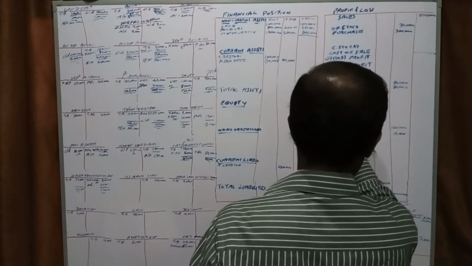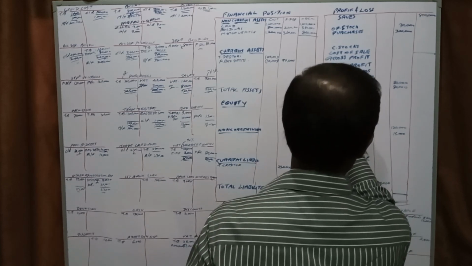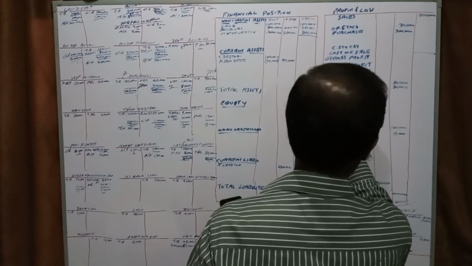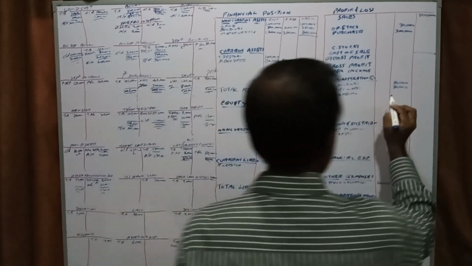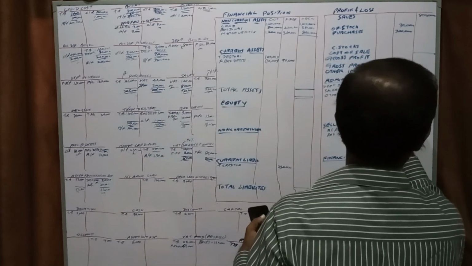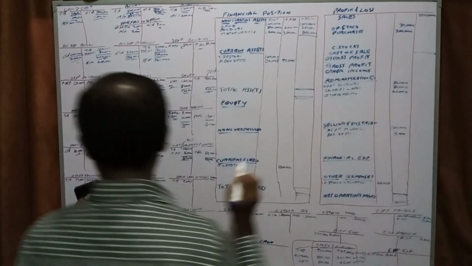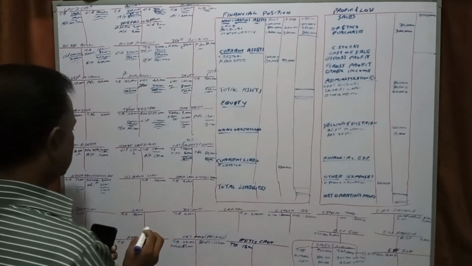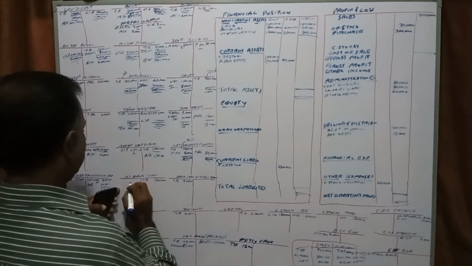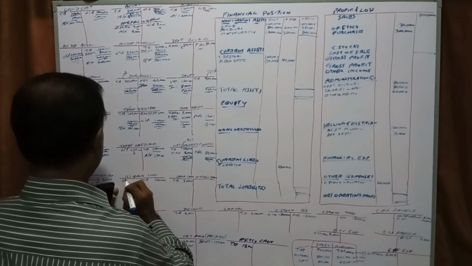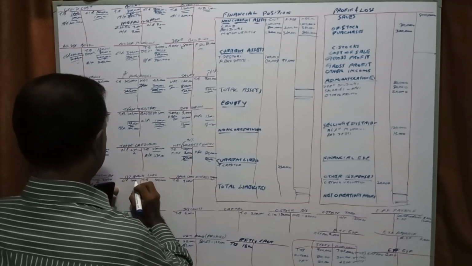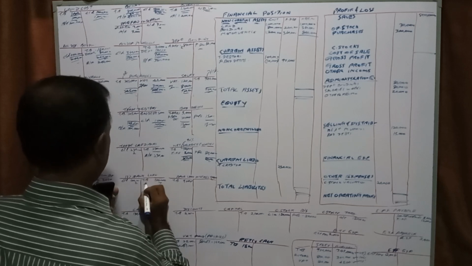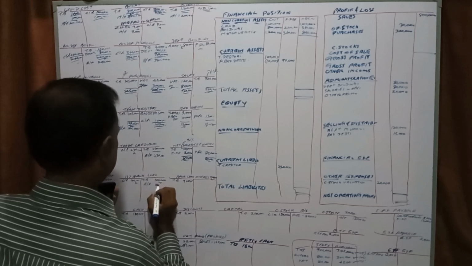Admin expenses is 20,000, right? And the other one says bank loan carried down balance 100,000, right? Brought forward balance 100,000, right?